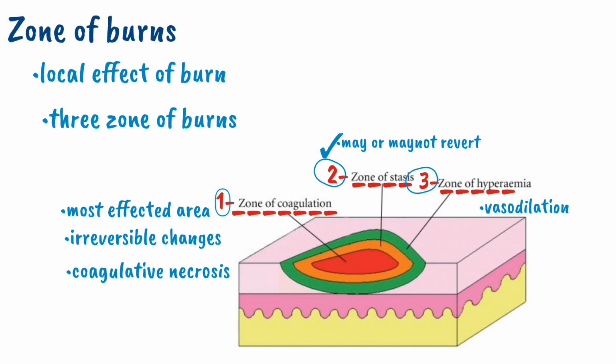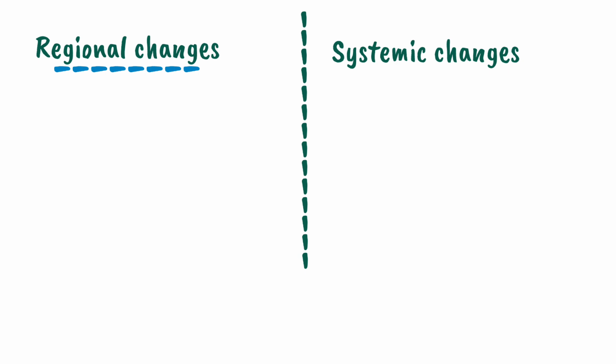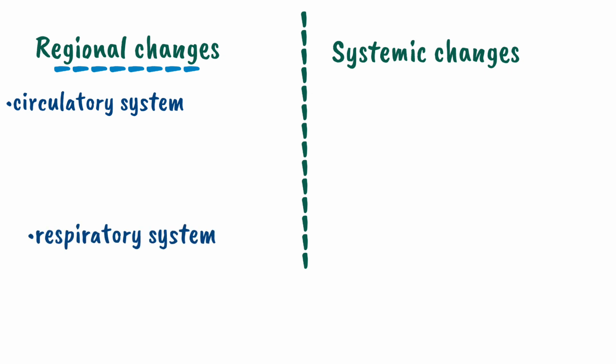Other than the zones of burns, meaning the local effect of burns, there are certain regional changes and systemic changes in burns. So what are the regional changes in burns? The most common regions affected in burns include the circulatory system and the respiratory system. The regional circulatory system is affected whenever there is direct electrical injury to the limb.